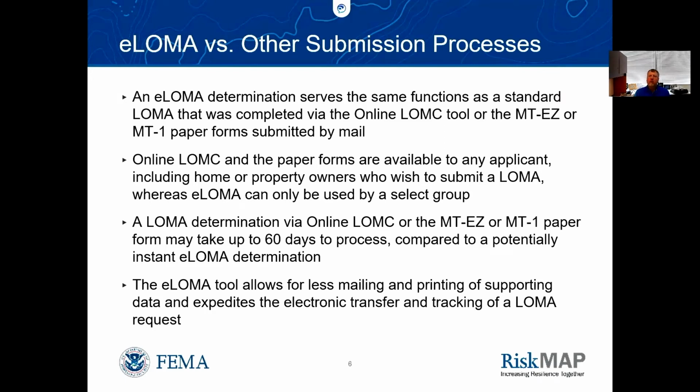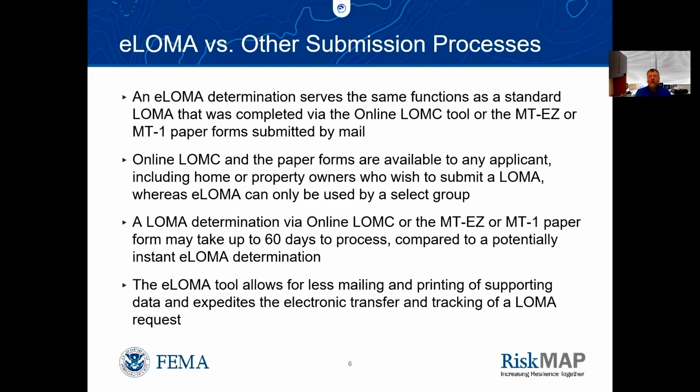Getting a LOMA determination through the standard process, whether it be online LOMAC or the paper application forms, takes anywhere from 30 to 60 days, whereas the eLOMA process, even if they're audited, is much quicker. Also with the eLOMA tool, there's really no need to print and mail anything.